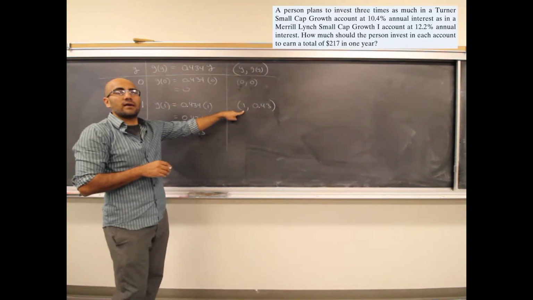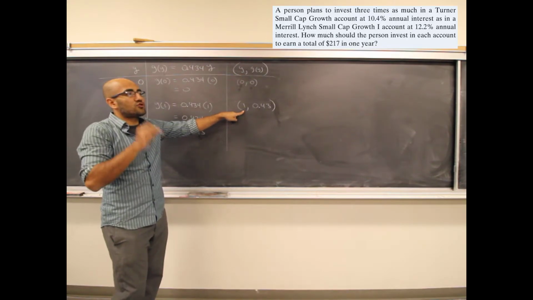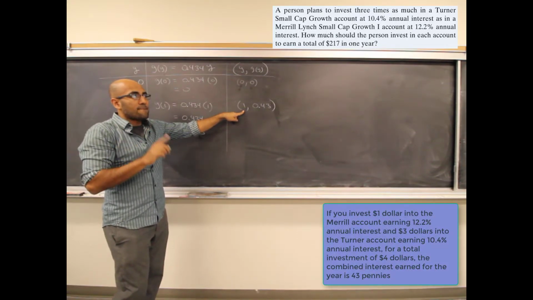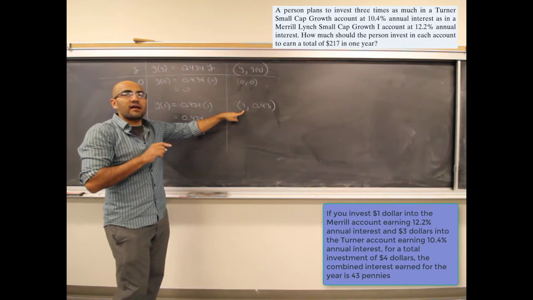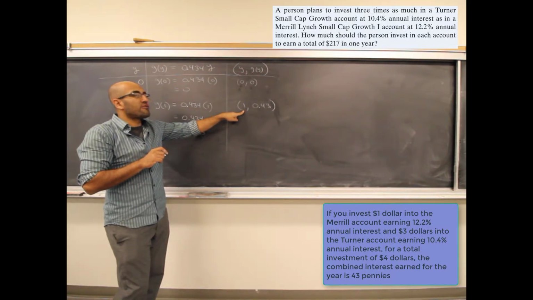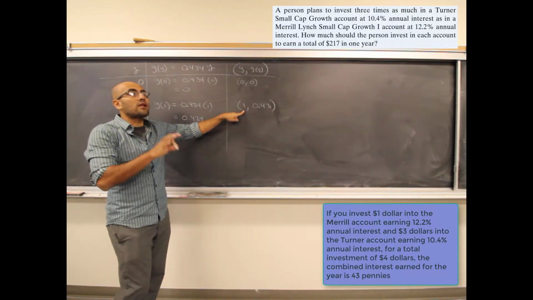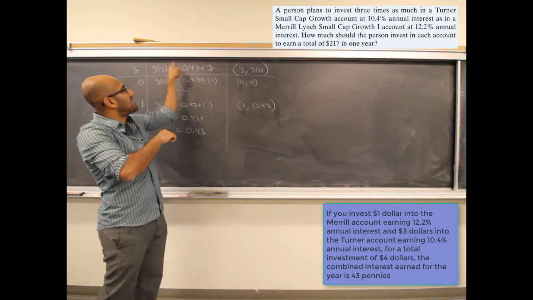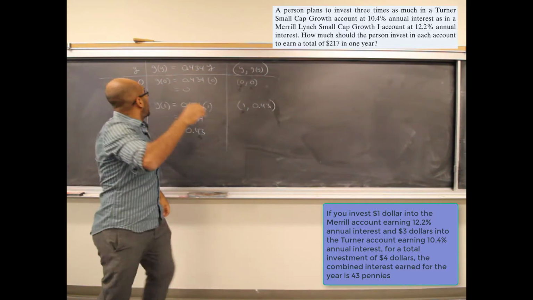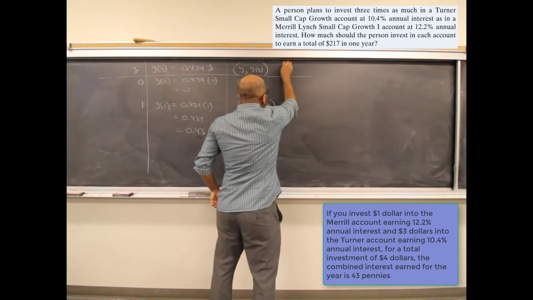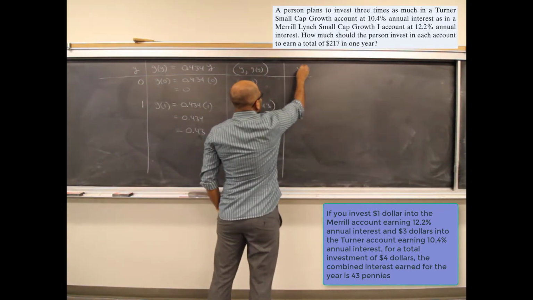If you invest $1 into the Merrill, right? Remember, y is the amount of money you invest into Merrill. If you invest $1 into Merrill and therefore invest $3 into Turner, right? Because we always keep in mind, this has baked into this formula that the other account is going to be 3 times as much.